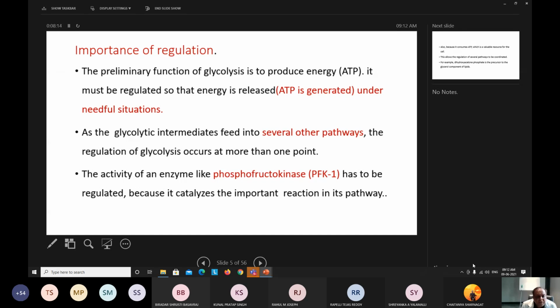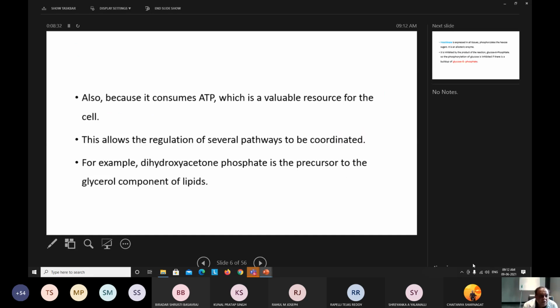For example, the activity of an enzyme like phosphofructokinase has to be regulated because it is an important step in this pathway, and also it consumes ATP, which is a valuable resource for the cell. It means there should not be any waste of ATP. That way, all the reactions are regulated and coordinated.